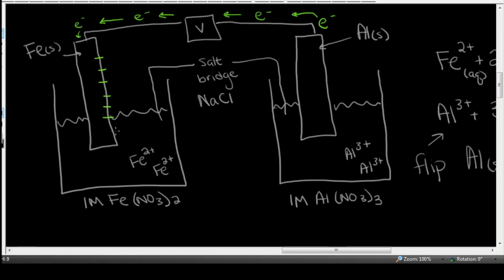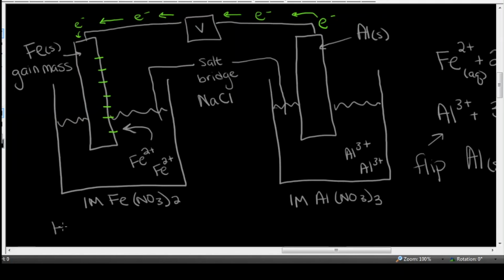My iron electrode is going to become negatively charged, which means that these iron ions are going to attract those electrons and stick onto this electrode. This electrode is going to gain mass.